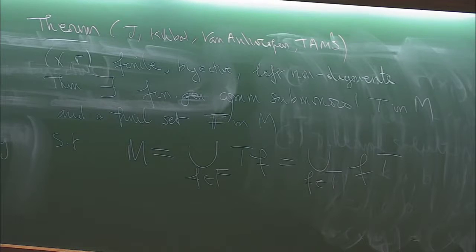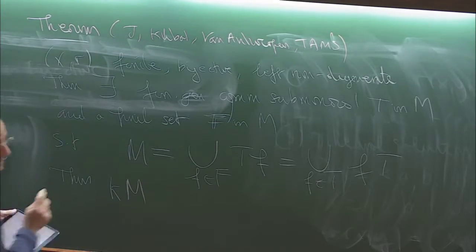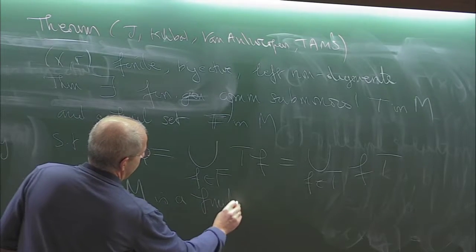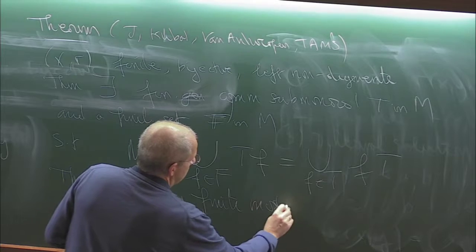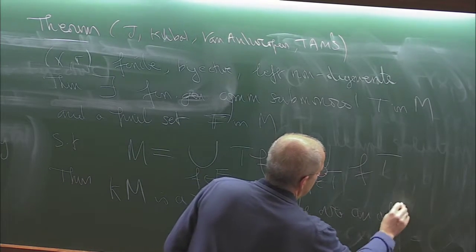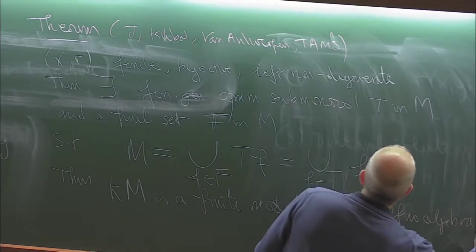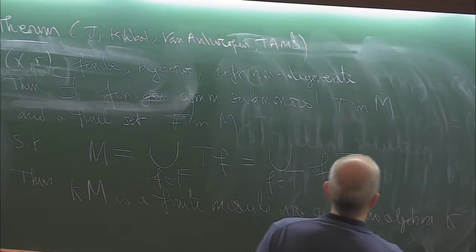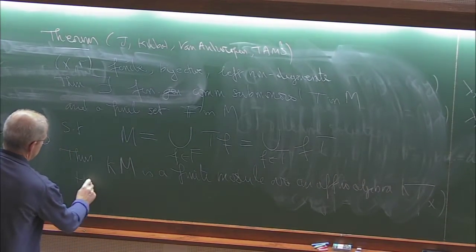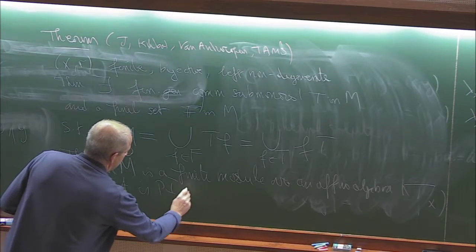So if I go to the algebra, that's a finite module, left or right, over an affine algebra A. Hence, it is PI theory.